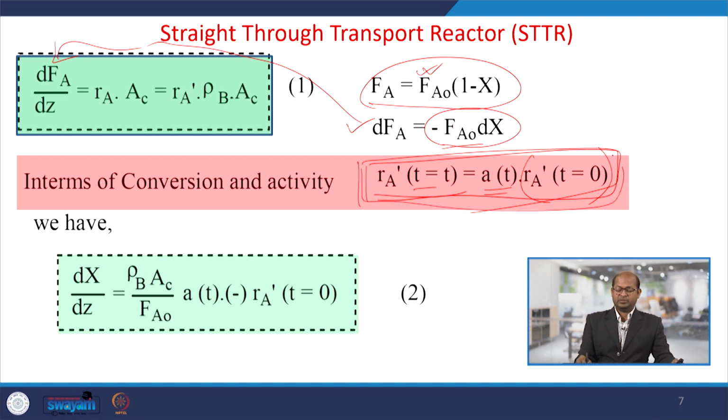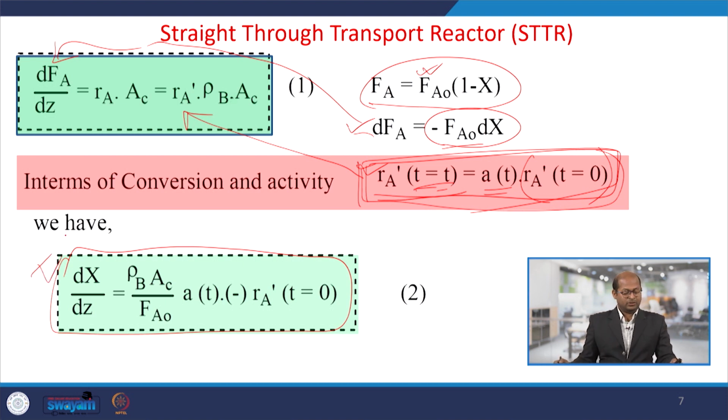That is the definition of activity and rate. Now we substitute RA prime at T here. Then in equation 1, substituting dFA and rearranging, dXA by dZ equals rho b AC by FA naught times A at T times minus RA prime at T equals 0. That is equation 2.